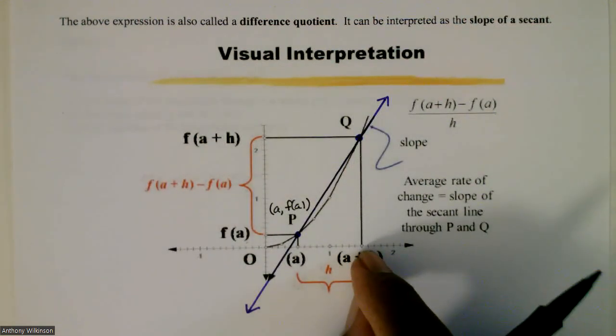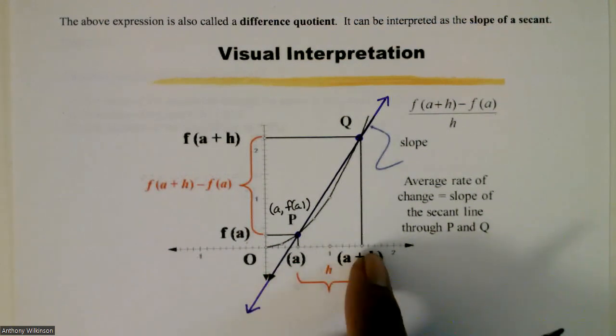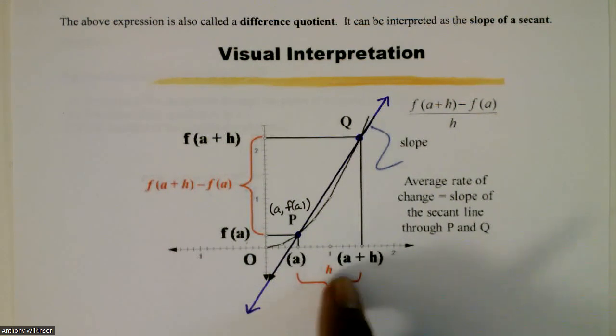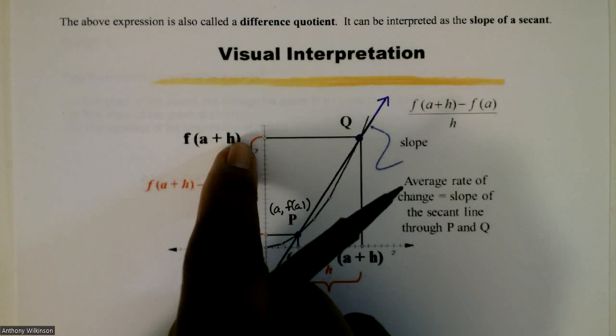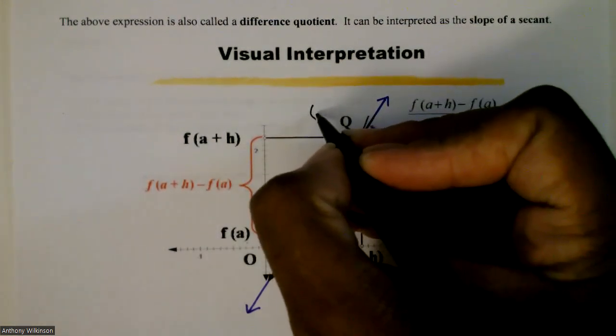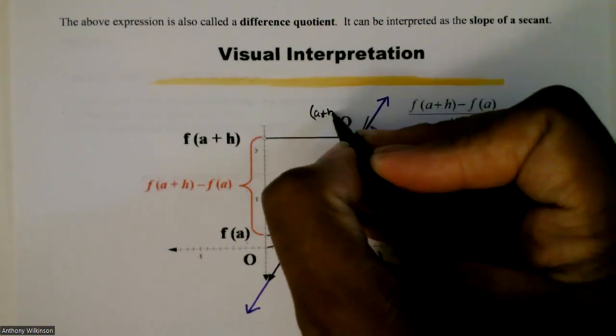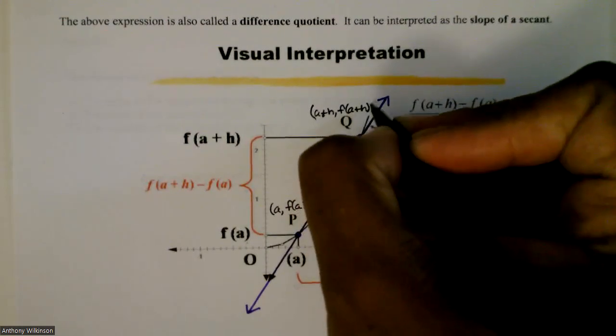The x coordinate for that would be A plus H, because that's going to be the point H units to the right of A. So that's A plus H. And then here's f of x here for the y coordinate. So Q has the ordered pair A plus H, f of A plus H.